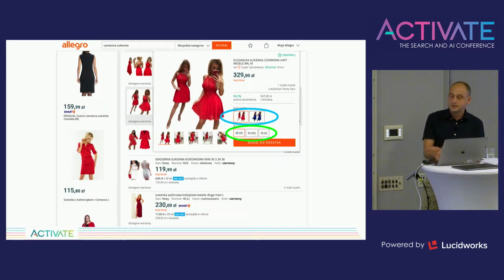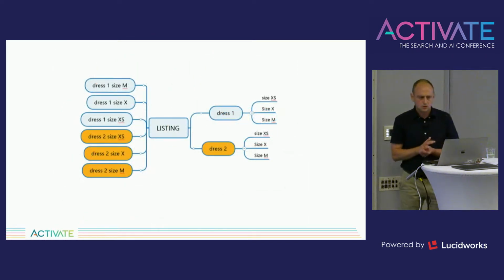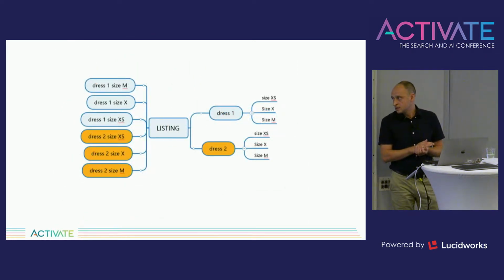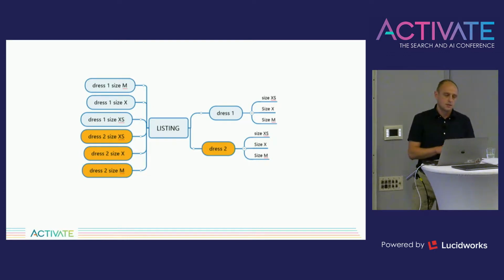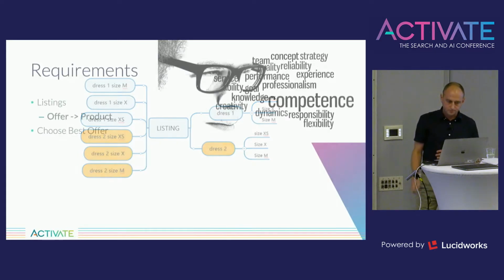Previously, our listings were longer with all possible offer variants. As you can see on this diagram, on the right-hand side is a listing with 2 products. If we present this as a listing with all possible variants with different sizes, it's a few times longer and it's harder to find the right product.